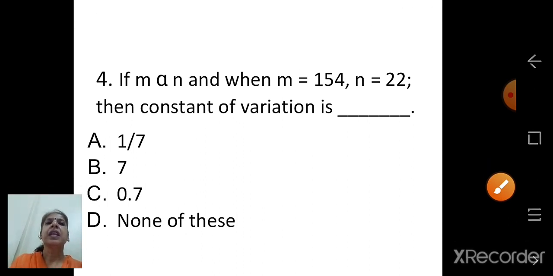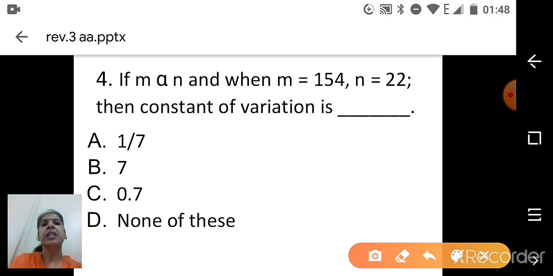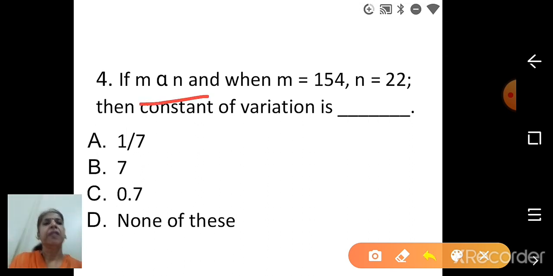Next is, if m varies directly as n, when m is equal to 154, n is 22, then the constant of variation is dash. So here which variation is it? Direct variation. And in direct variation, what is constant? Ratio is constant.